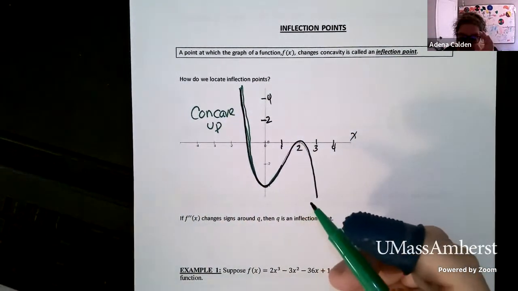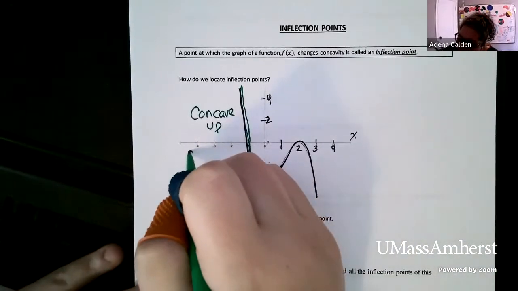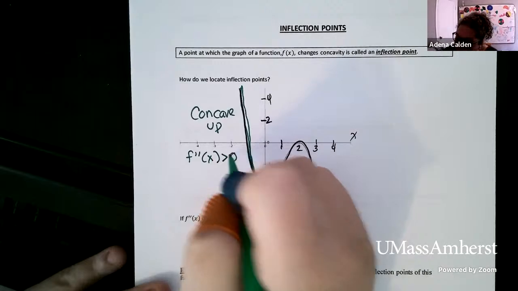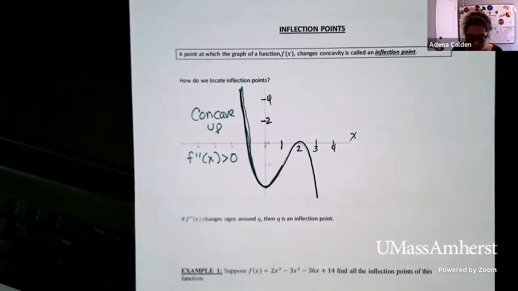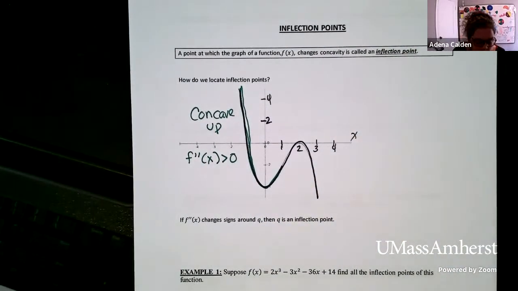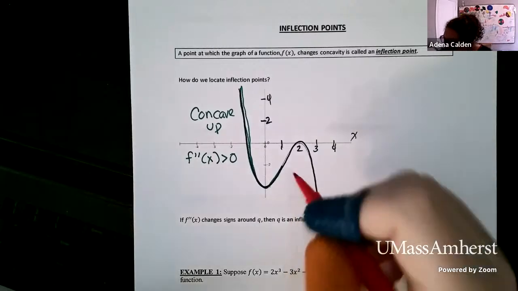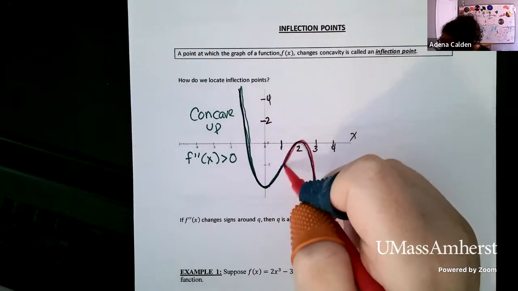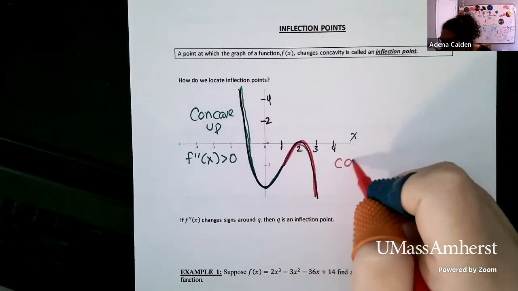And we know from previous work that when the function is concave up, our second derivative is positive. And then on the right-hand side of our picture, we see that this is concave down.